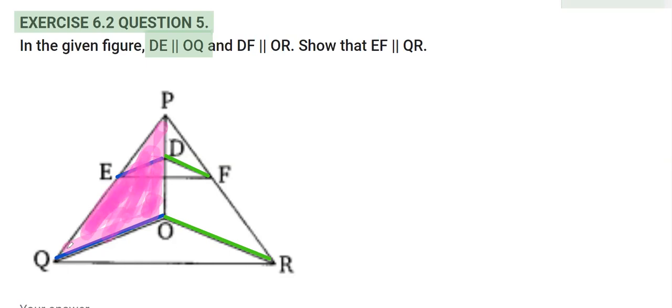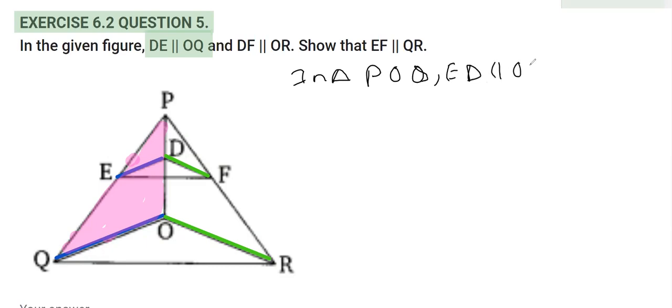Now, as we know, in a triangle, if a line is parallel to one side of the triangle, then it divides the other two sides in the same ratio. So in triangle POQ, we have ED parallel to OQ.